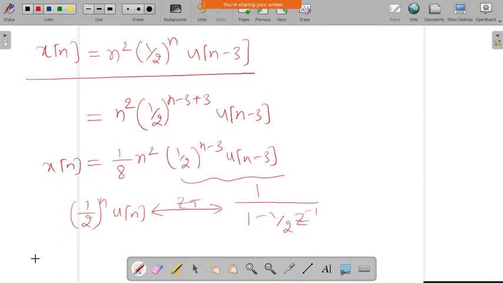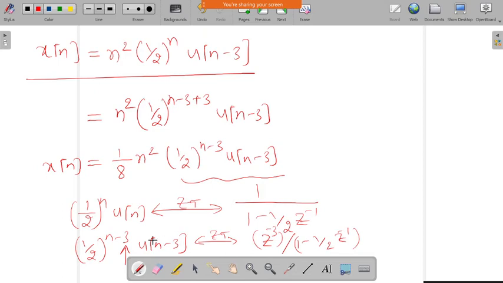The shifting value becomes a multiplying factor in the Z domain. For half power n minus 3 into u of n minus 3, the shifting factor is 3, so the Z transform is Z power minus 3 divided by 1 minus 1 by 2 Z inverse. This is the Z transform of this shifted signal. Okay, so did you understand this step till now?